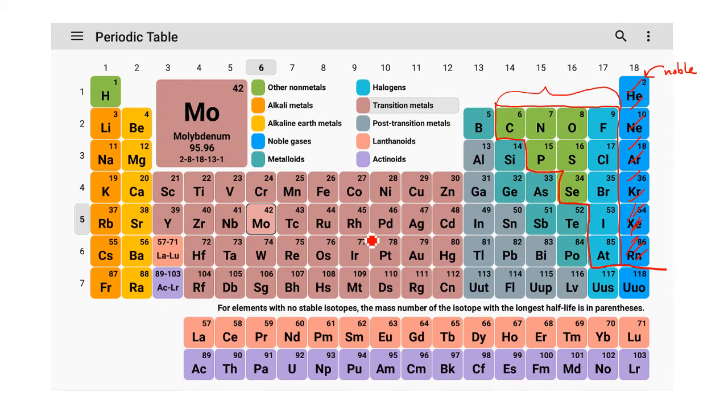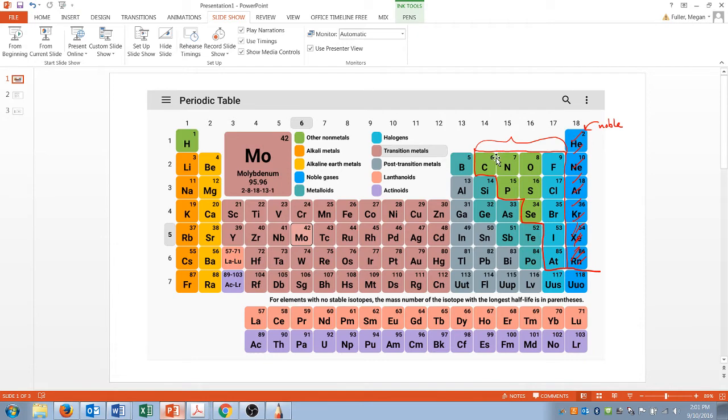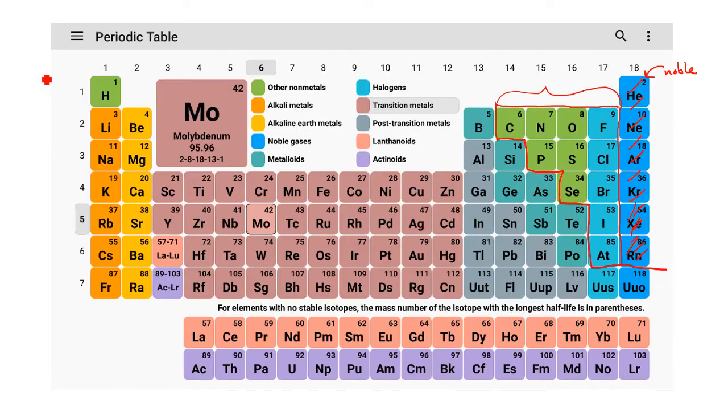If we see, in our list of things we need to name, nitrogen and hydrogen, or oxygen, anything that we might want to see in our periodic table, we'll see that they're all nonmetals and they have to come from this little corner. Or, I always forget about hydrogen, hydrogen's hanging out over here.